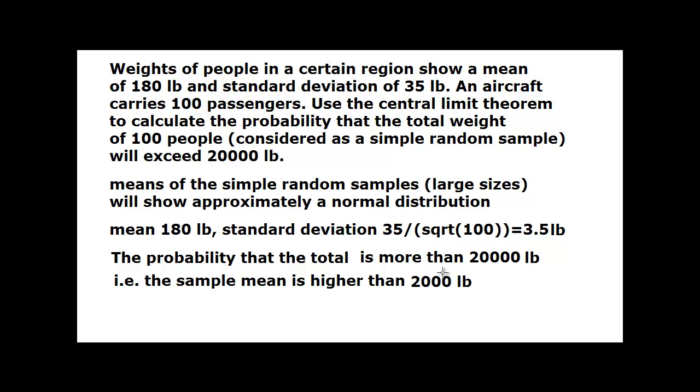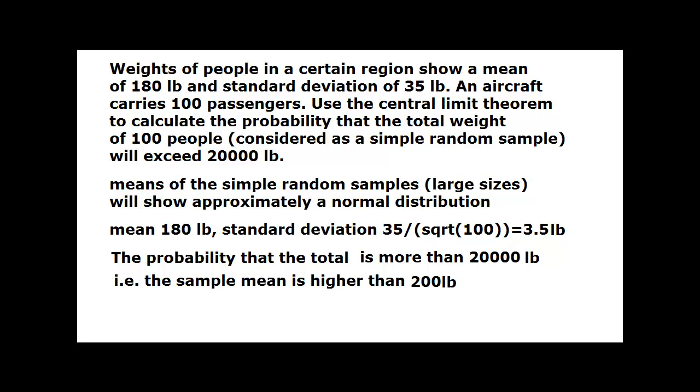Oh, here I made a mistake, I'm sorry. Okay, this is 200 pounds, all right. So we simply have to compute the probability that a random variable with mean 180 and standard deviation 3.5 with normal distribution will have a value of more than 200.